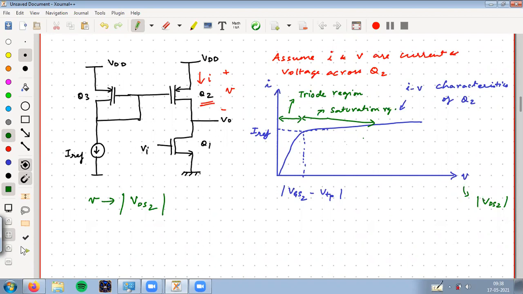You had curves like this, then like this. Wherever you have points of intersection, both the transistors, the PMOS transistor and the NMOS transistor, will be in saturation region. So the same exercise we'll do now.